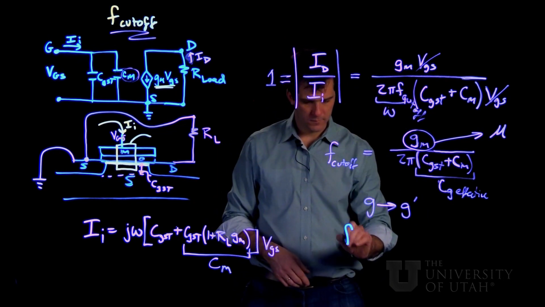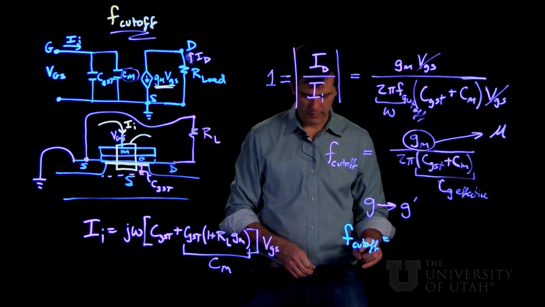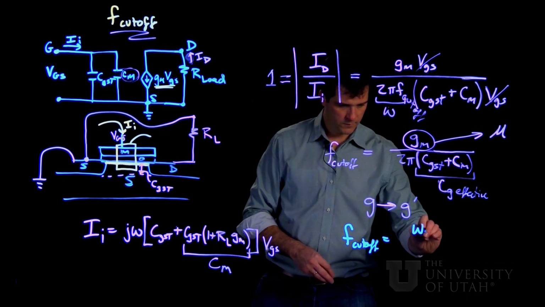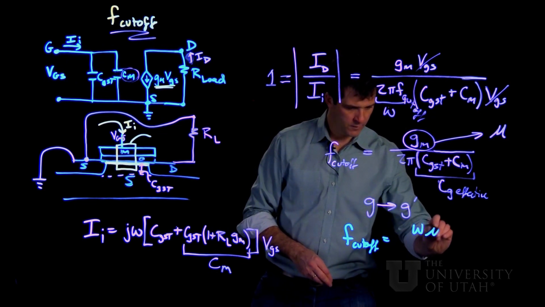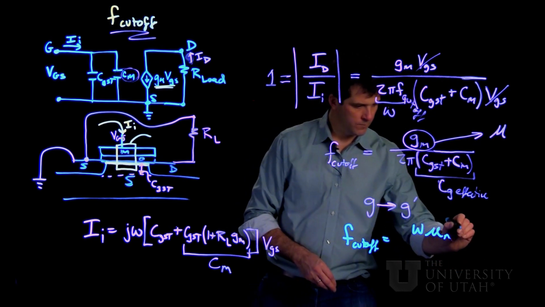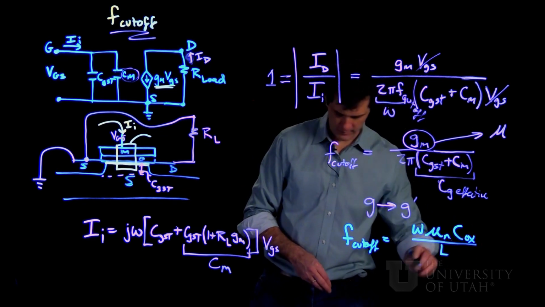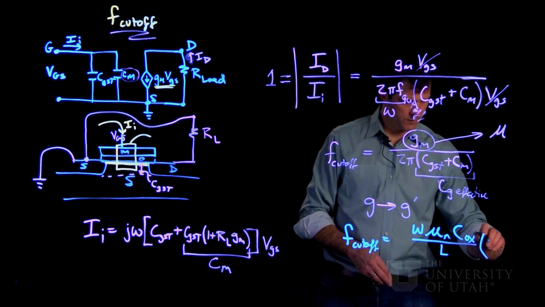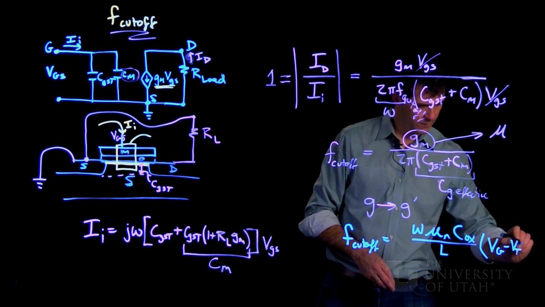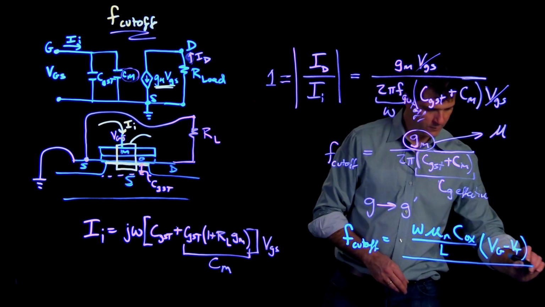So the cutoff frequency is going to be given by our transconductance. So this is the width of the channel, the mobility of the electrons in the channel, the capacitance of the oxide divided by the length of the channel, and then this is times V gate minus V threshold when we're in the saturation regime of the current voltage curve.